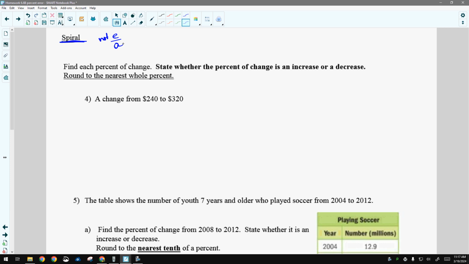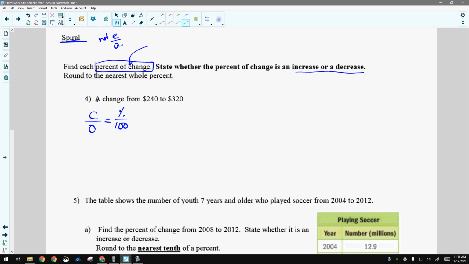This problem says to find each percent of change. Look at that letter right there. As soon as I see the C for change, I'm going to do C over O equals percent over 100. It says to state whether the percent of change is an increase or a decrease. I'm going to do that right now.